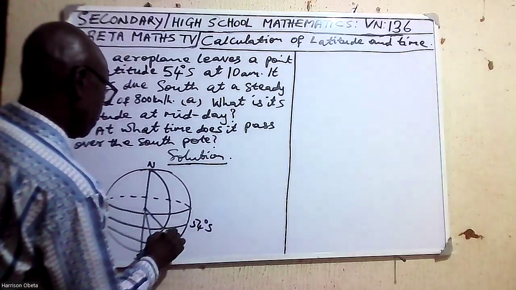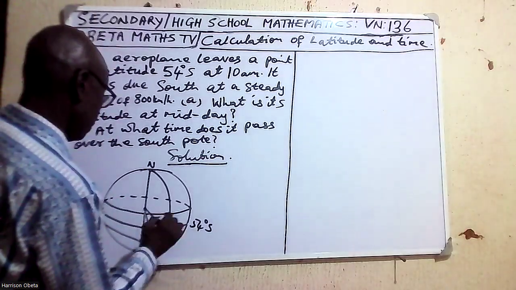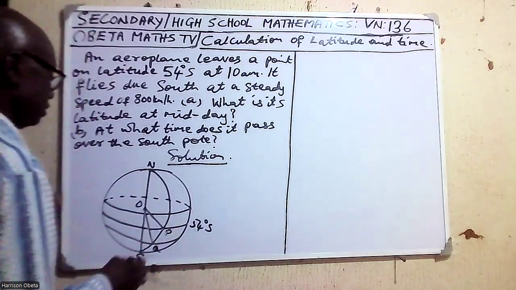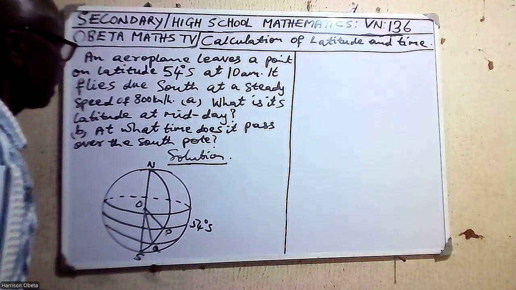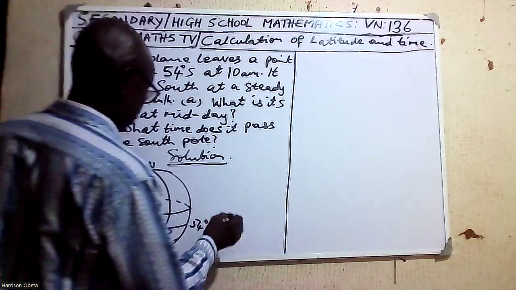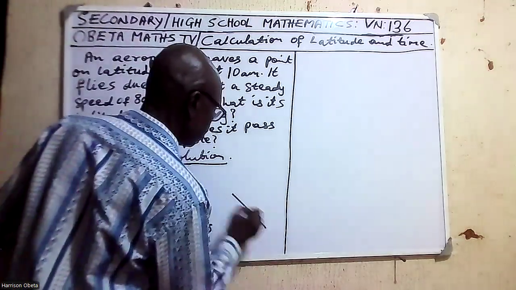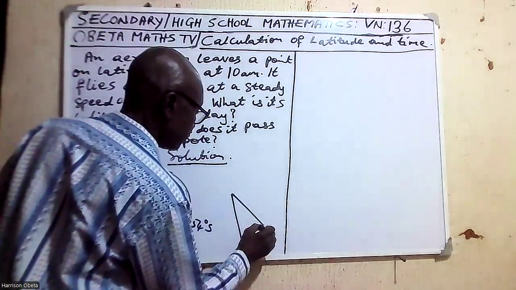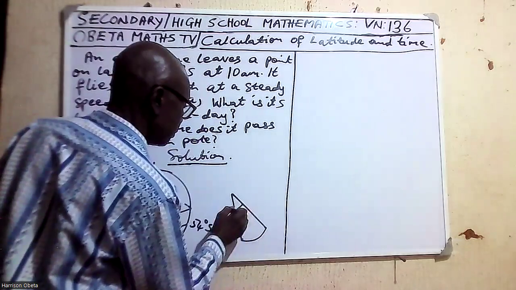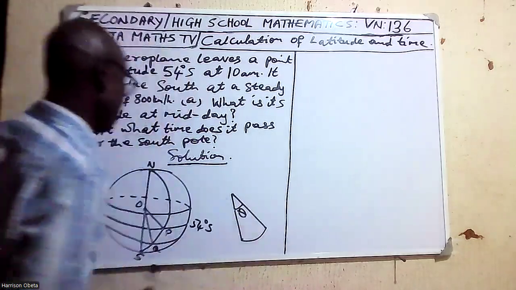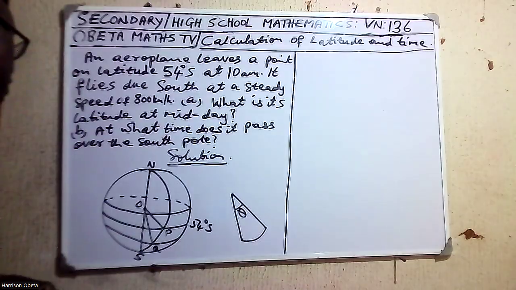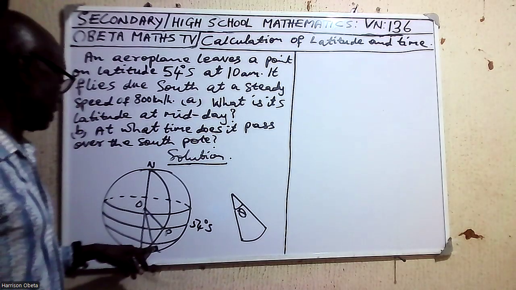Let us call this PQ. And then the center here is O. Now we can bring it out to look like this. We don't know the angular distance, but we'll be able to find it so that we can find the position of Q.